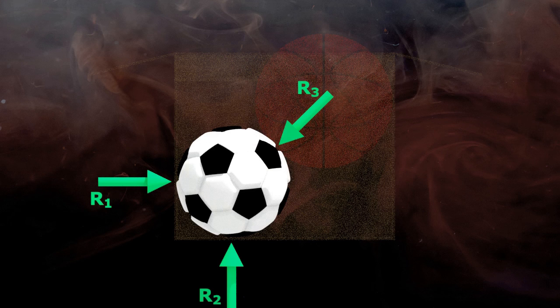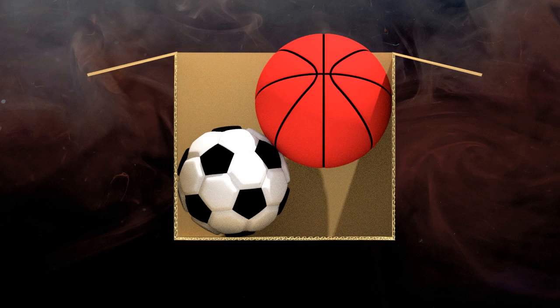Now, let's talk about reactions acting on basketball. The points where basketball is in direct contact to other bodies are point 3 with the football and point 4 with the vertical side of box. Basketball is not touching the horizontal plane of box, so only two reactions will act.